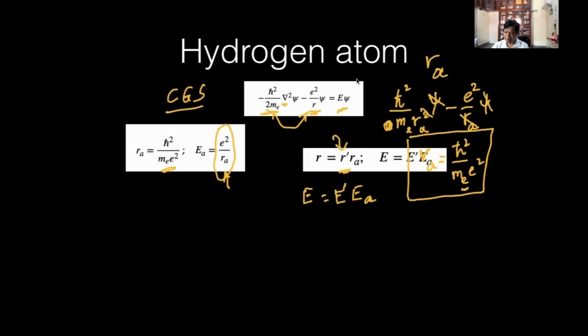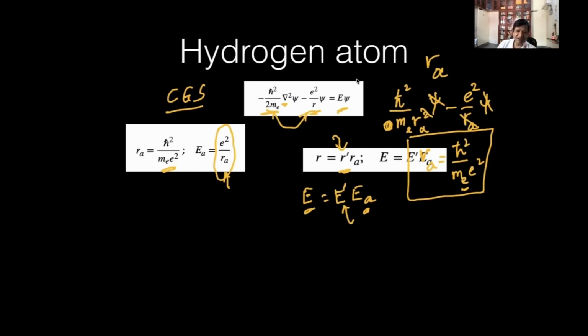And E prime is also dimensionless, because E has dimension of ergs and E_a has dimension of ergs, so the two dimensions cancel. E prime will vary from 0 to a finite number, like 3, 4, 5, but it won't be a very small number. That's the advantage of working with E prime. Also r prime is of order 1.